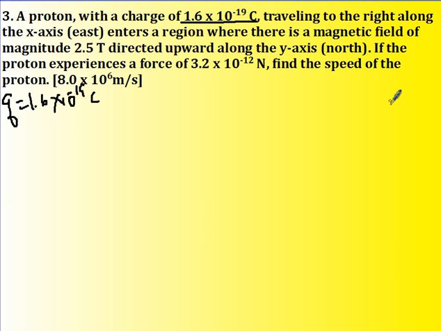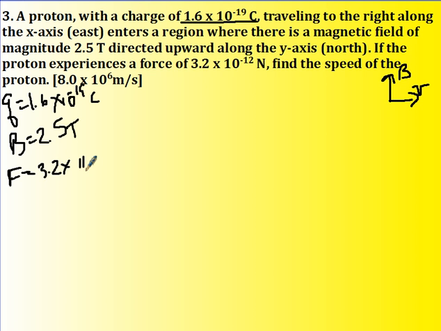Traveling to the right along the x-axis, so V is east. Where there's a magnetic field, B is 2.5 teslas directed upwards. Okay, so it's going north. If the proton experiences a force F of 3.2 times 10 to the negative 12 newtons, find the speed of the proton.